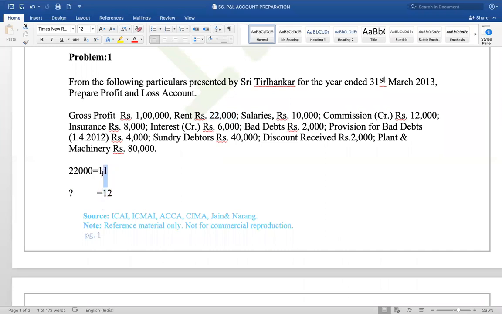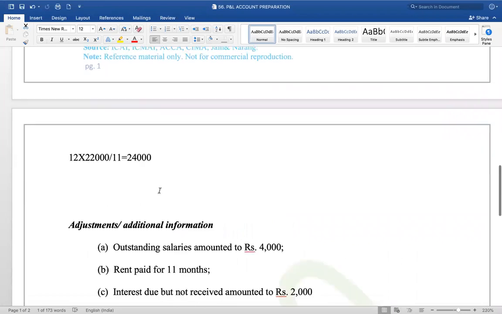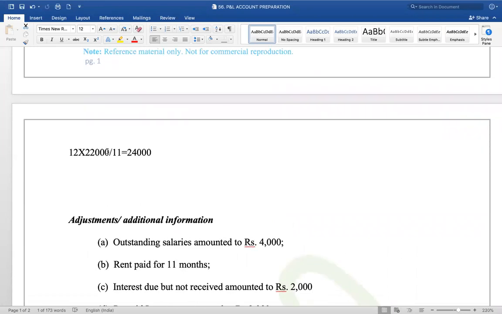If this 22,000 is for 11 months, how much is for 12 months? Now, the rent for 12 months is 22,000 into 12 by 11, which gives you 24,000. So 24,000 is the rent for 12 months.